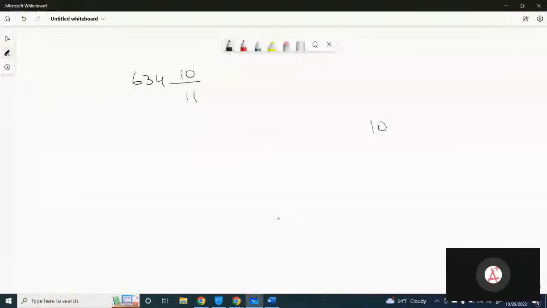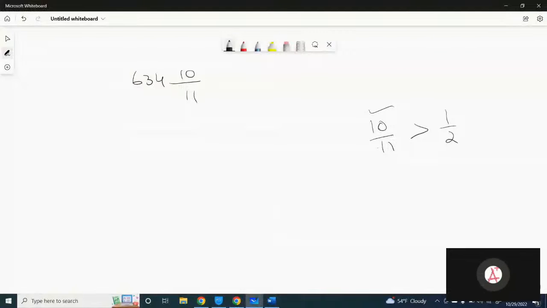So you have to compare the 10 over 11 to 1 over 2. Got it? You need to see if 10 over 11 is greater than 1 by 2 or less than 1 by 2. So when you compare both the fractions, the denominator and numerator of this one are greater than 1 by 2. That means 10 by 11 is greater than 1 by 2.